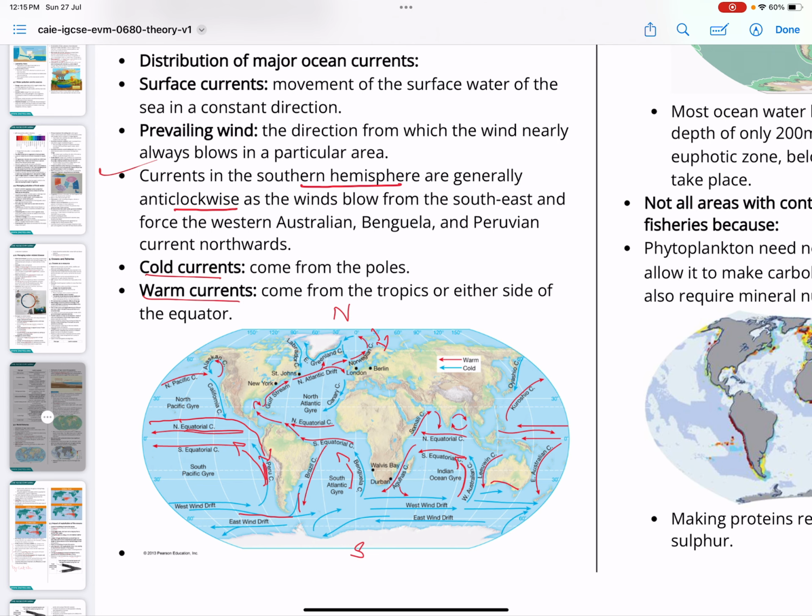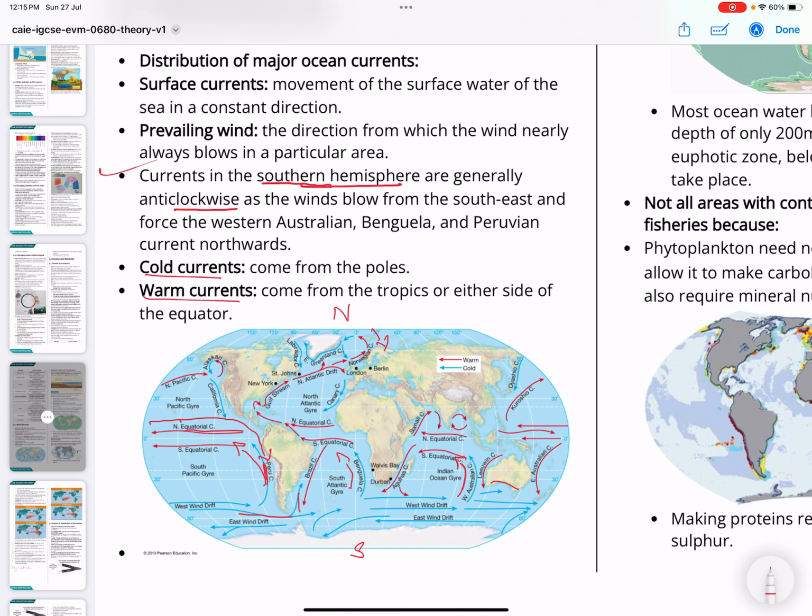The next thing to understand is the wind direction. In the southern hemisphere, the wind direction is anti-clockwise. If you see below the equator towards the south, you are going to see the winds moving anti-clockwise.